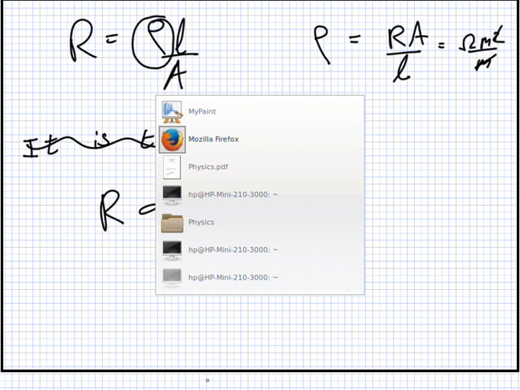Here, Wikipedia will help us. Hang on, it's getting there.